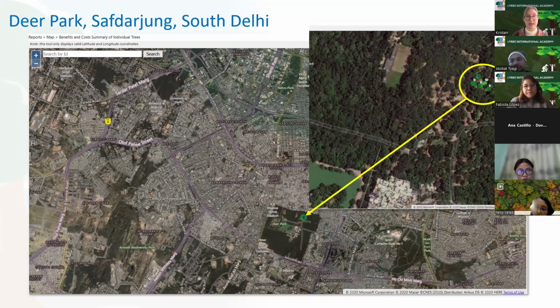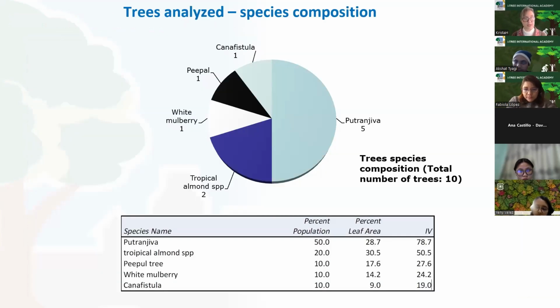And we meaning you, for where you are, but with Deer Park in Delhi, Akshat was specifically trying to understand a little bit better how a species distribution understanding was going to help him move forward with planning, and how they were going to get the most out of understanding the composition of their species. So that looked like a very simple operation.